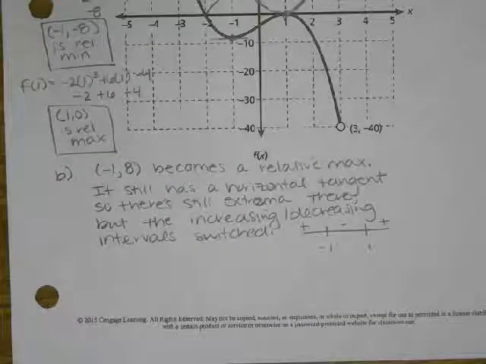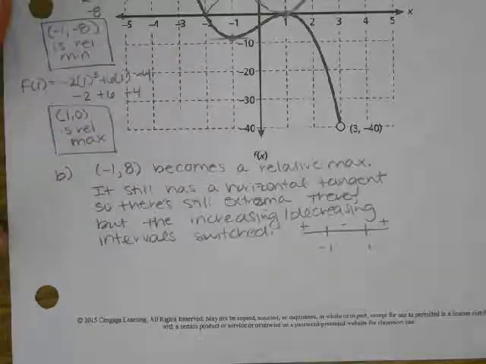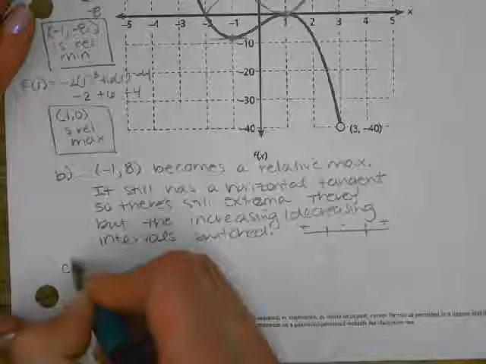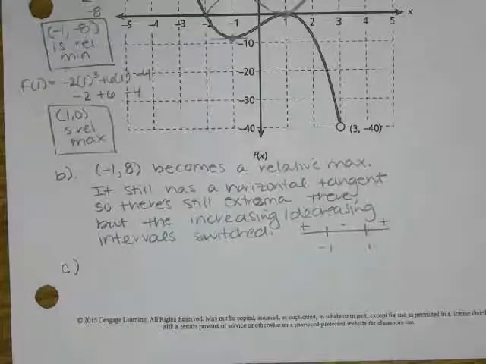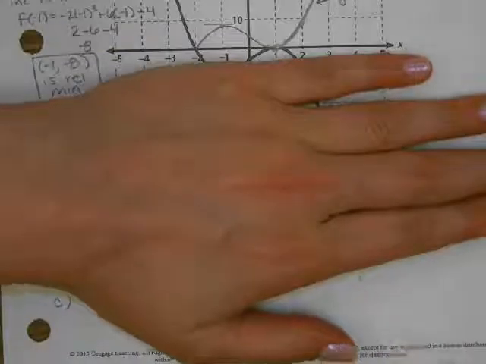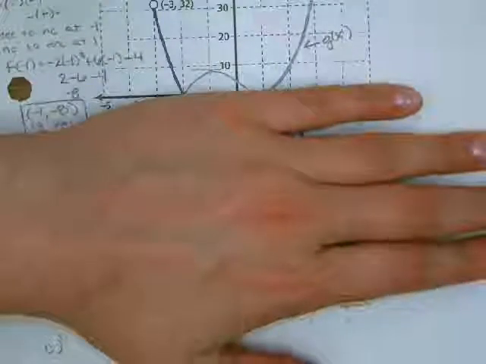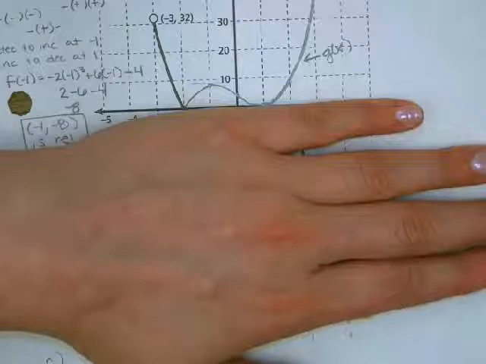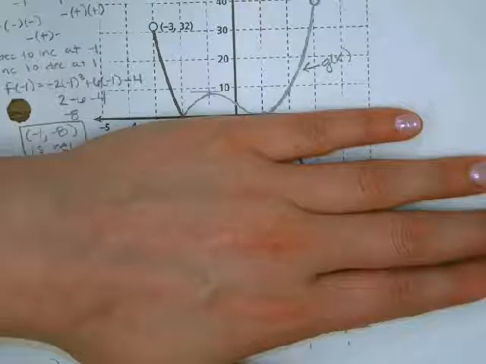All right, now we got to move on to part C. So C says, for what value of x is the derivative g prime not defined? So here we have to remember where derivatives are not defined, and that is at sharp corners, discontinuities, and vertical tangents. If I look at that graph right there, I'm looking for vertical tangents, discontinuities, and sharp corners.